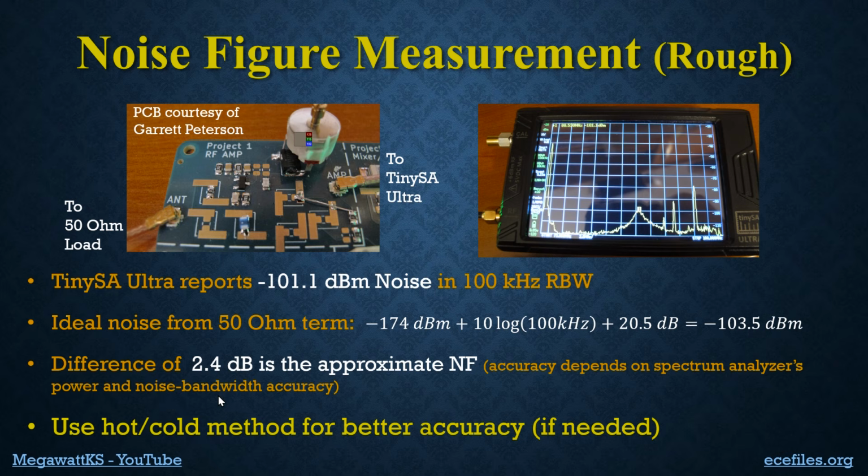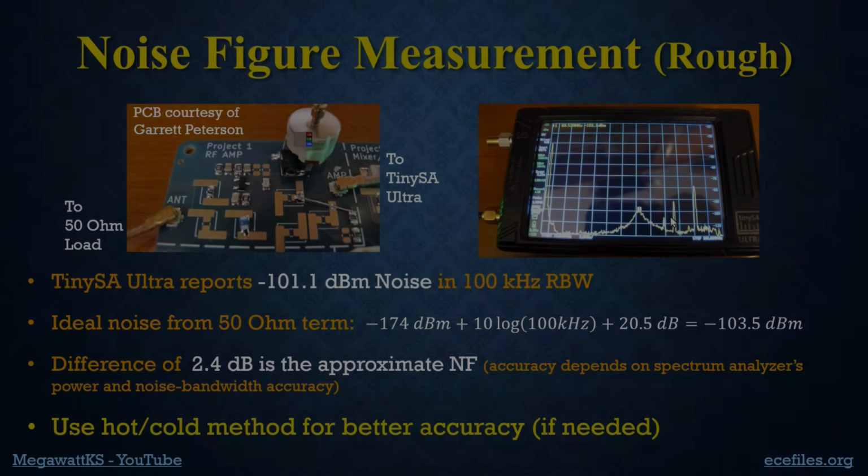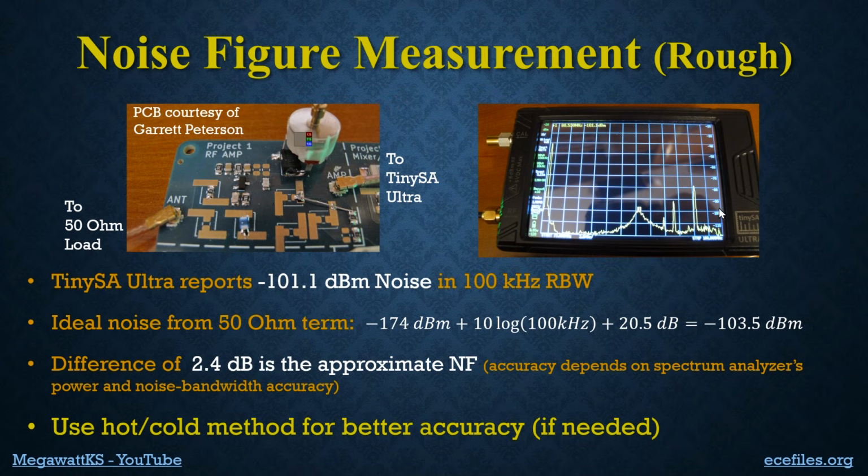It's more mathematical than I want to get into here, but to a first order, resolution bandwidth and noise bandwidth are about the same. So, assuming this tiny SA has an absolute power accuracy of about plus or minus 2 dB, this could be 0.4 dB or it could be 4.4 dB. So it's not perfectly accurate.